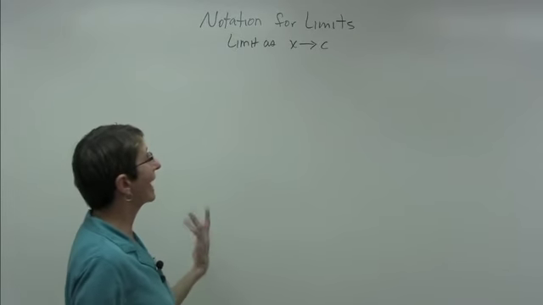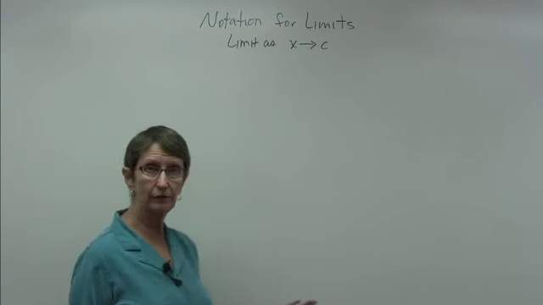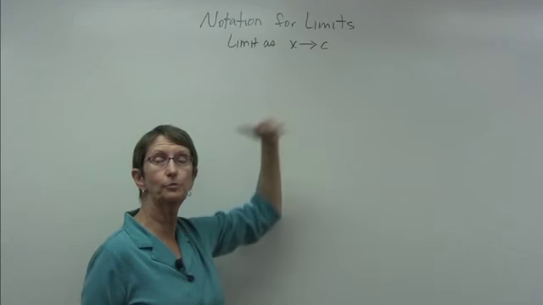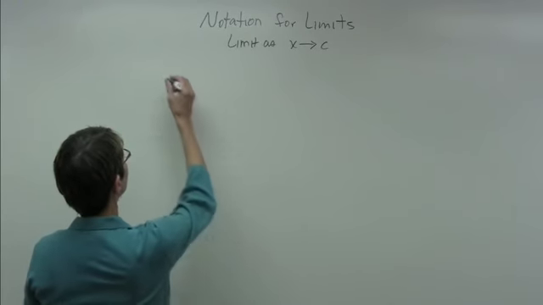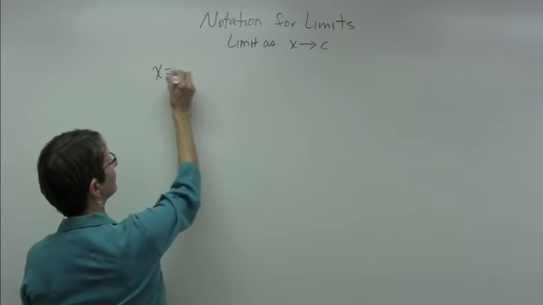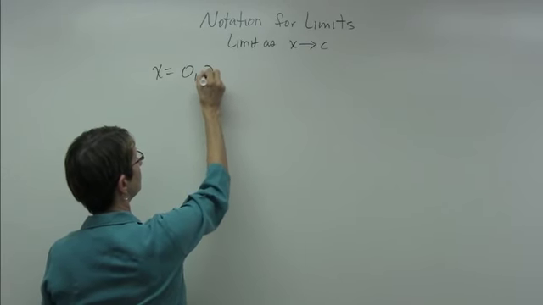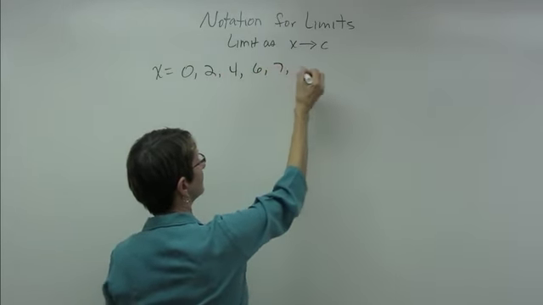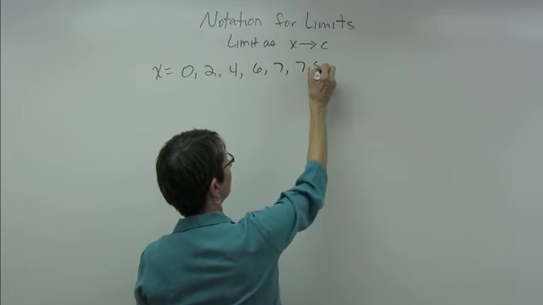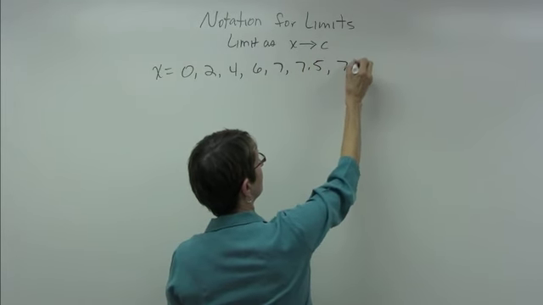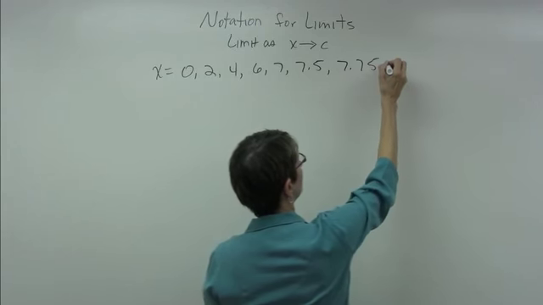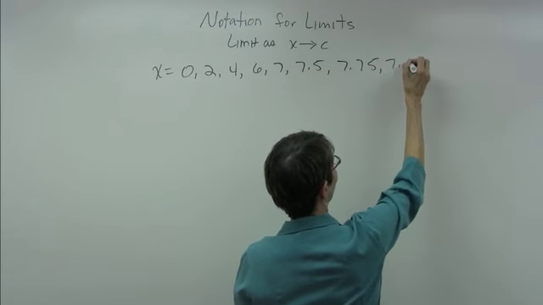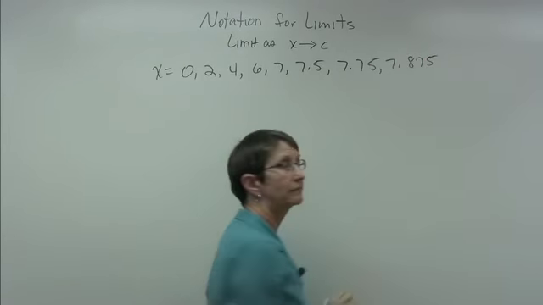So let's look at a string of x values and see if we can decide if x is approaching a particular number. Say we have x equal to 0, 2, 4, 6, 7, 7.5, 7.75, 7.875.